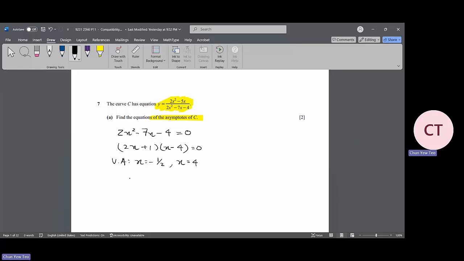Then for the horizontal asymptote, you just need to let y equal to the limit as x approaches infinity of 2x squared minus 5x divided by 2x squared minus 7x minus 4. You will get y equal to 0. Okay, so, sorry, this is 1. I made a mistake. y is equal to 1. So we have found the horizontal asymptote and the vertical asymptote.